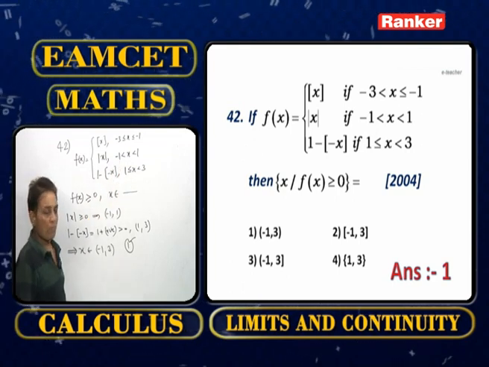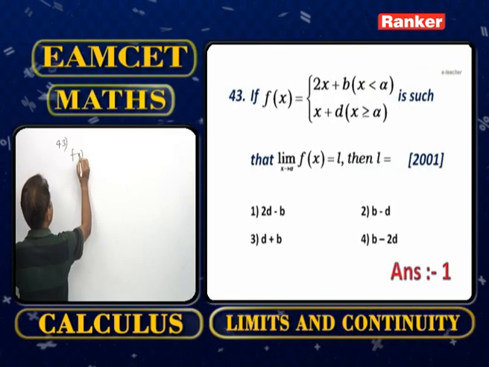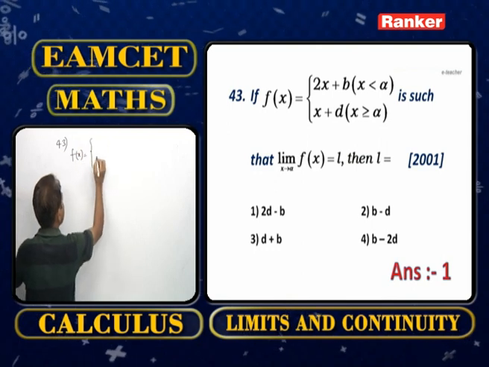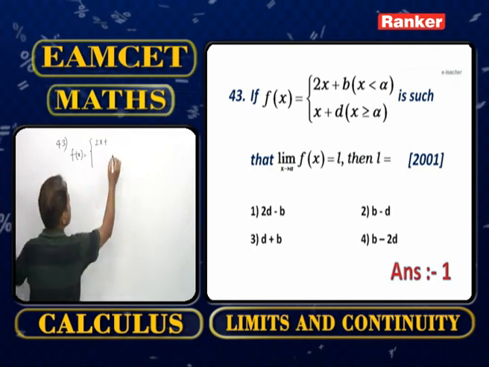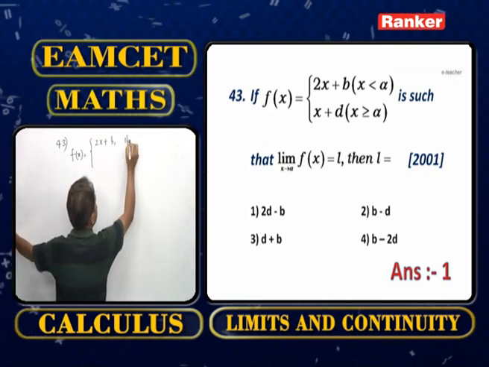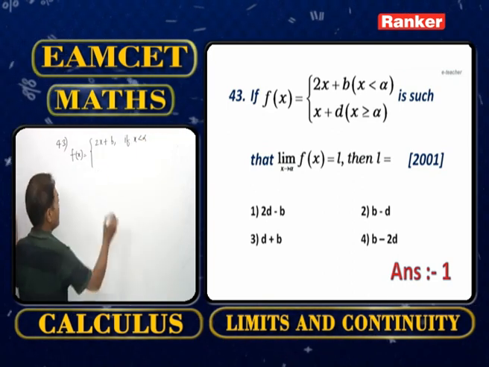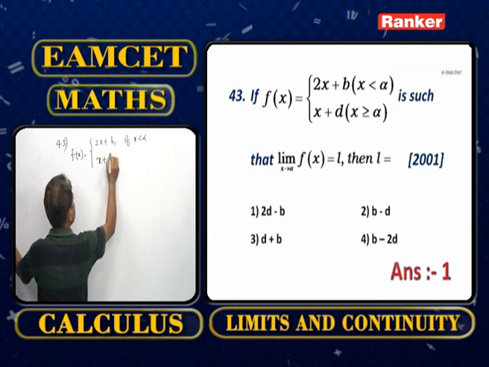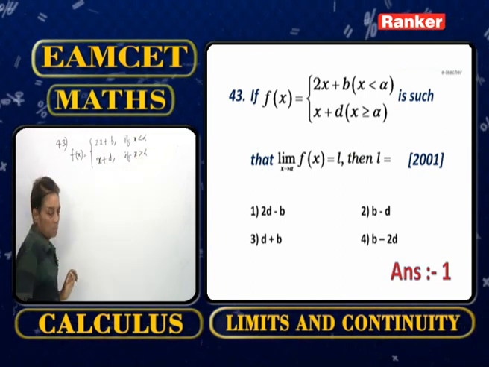Now, question number 43, the next question. What is question number 43? Again here two different definitions for f of x. One is 2x plus b if x is less than alpha, use this definition, and x plus d if x is greater than alpha, use this definition.